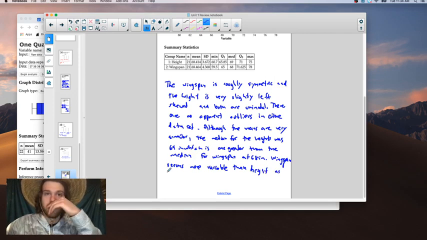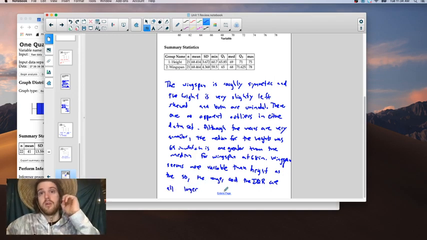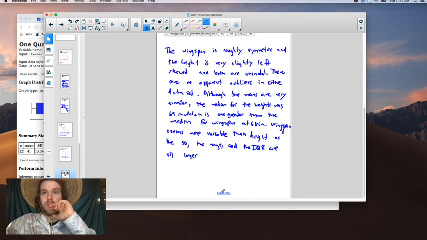So you need to mention those things. The standard deviation, the range, and the IQR are all larger. And you could even put measurements in there.